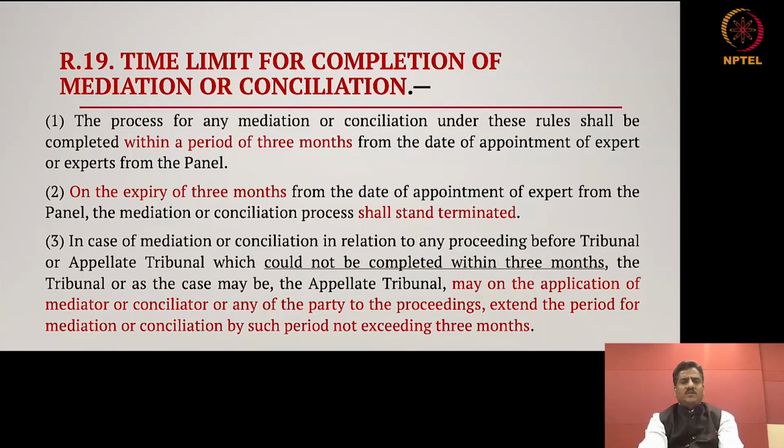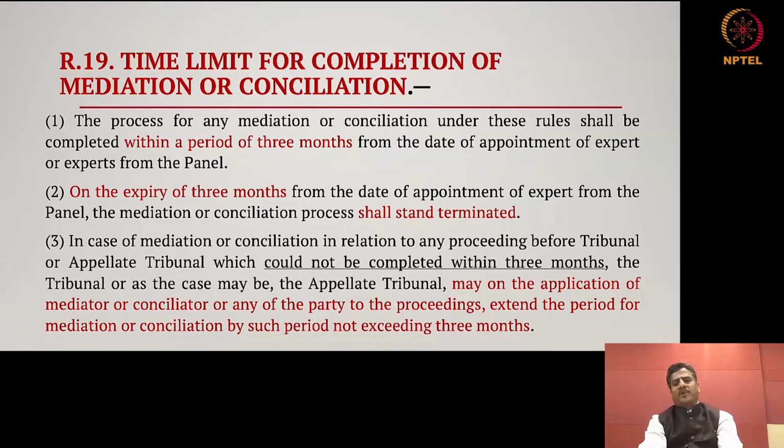Rule 19 talks about time limit for completion of mediation or conciliation. One of the very important characteristics of alternative dispute resolution is to quickly dispose of the case. So here also rule 19 talks about that.